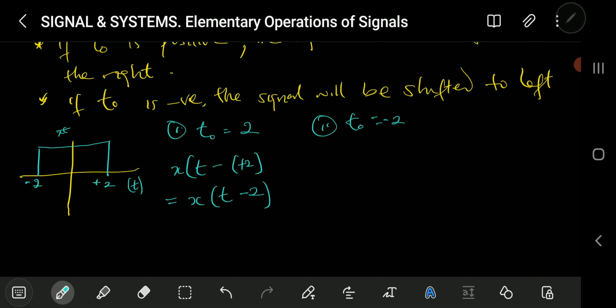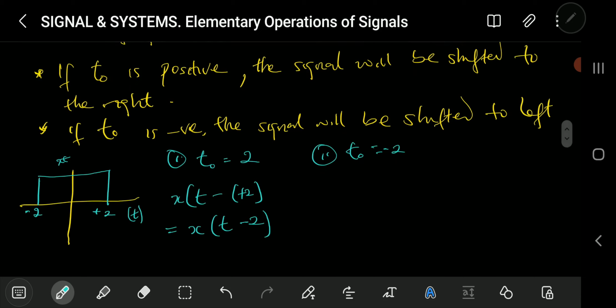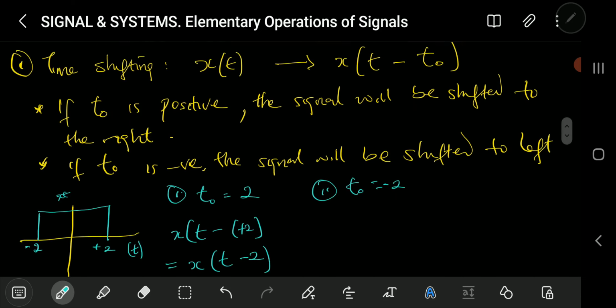Don't forget what I said, that when t naught is positive, the signal is going to be shifted to the right. And when it is shifted to the right, there's another thing you need to take note of, which is that the signal is delayed.